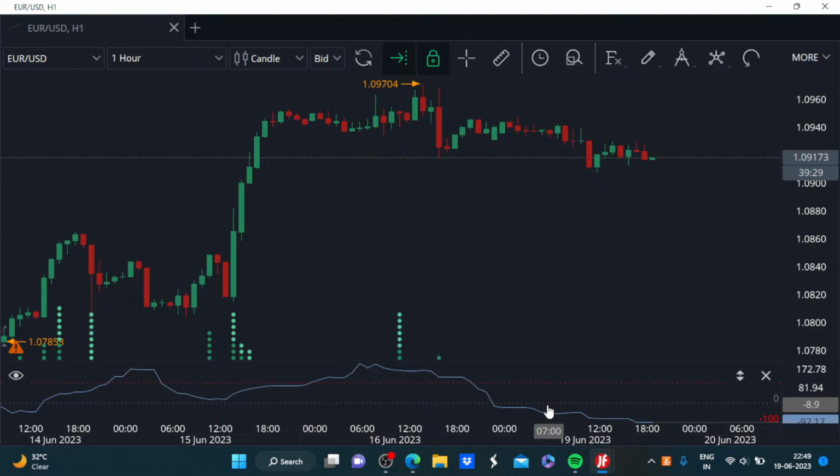The simple interpretation of this indicator is as follows. When the output value is above 100, it is considered to be strongly bullish. If the output of this indicator, the Trend Trigger Factor, is in between 100 on the upside and minus 100 on the lower side, it is considered to be sideways.